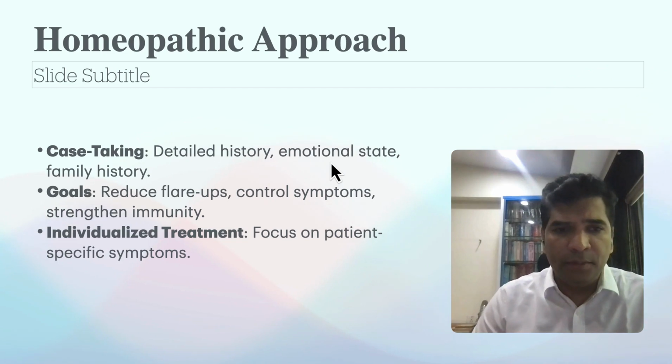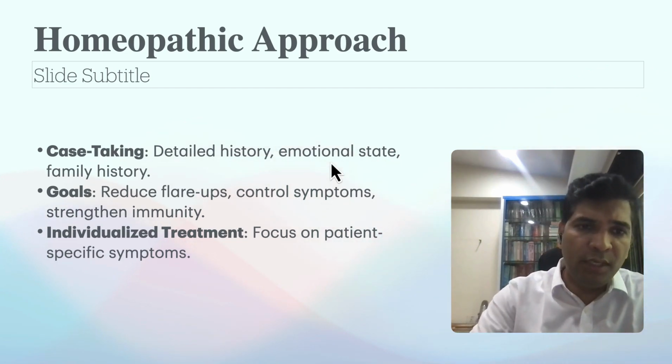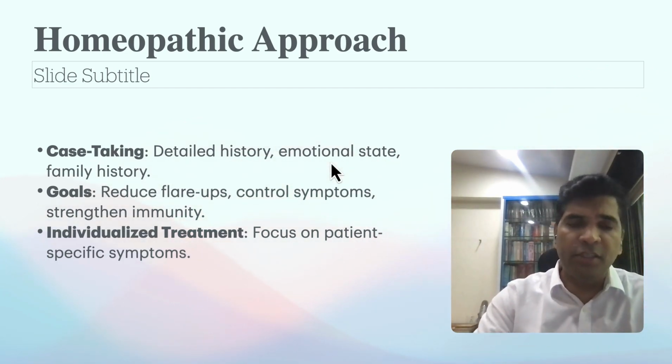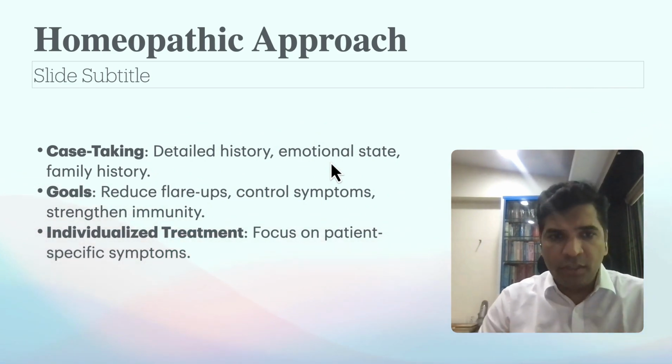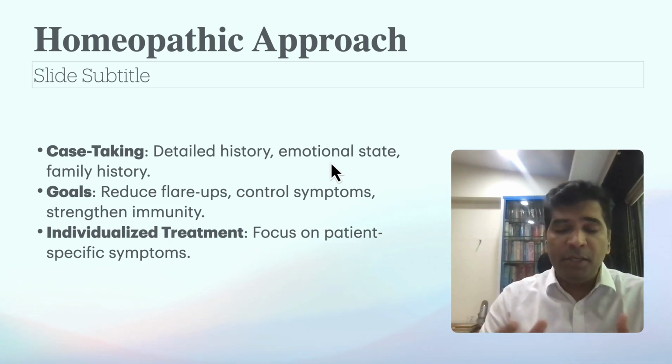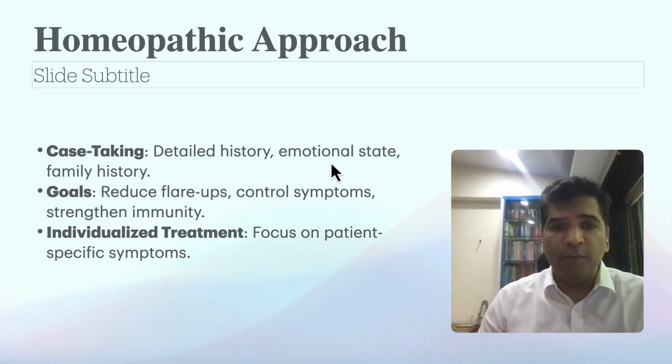What should be the goals? The most important goal is the reduction of flare-ups, control the symptoms, and strengthen the immunity. When a patient comes to us, what is the first thing you tell the patient?